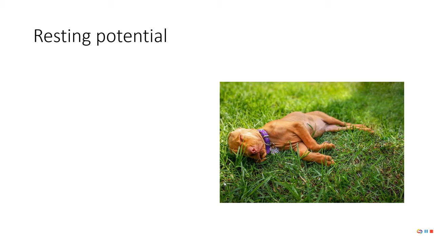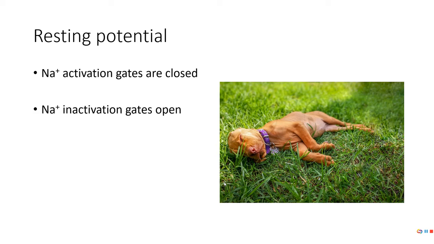If they're both open, then you can get inside or outside. So we've got a sodium activation gate. At rest, at -70, that gate is closed. We have an inactivation gate that's open at resting potential, but it doesn't matter because only one of those 2 doors is open. Then we've just got a potassium gate that is closed.